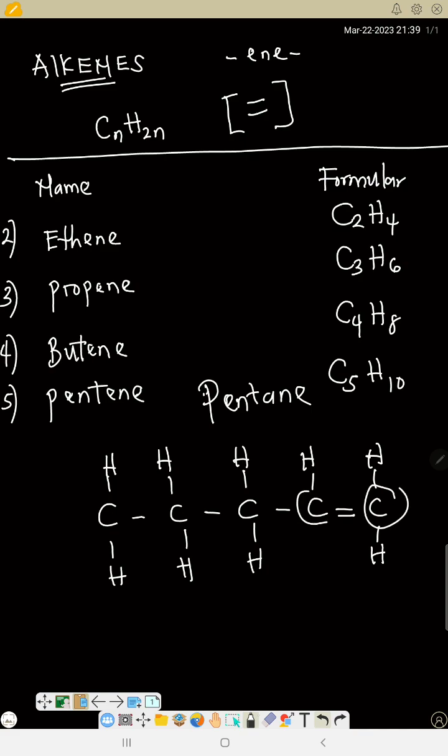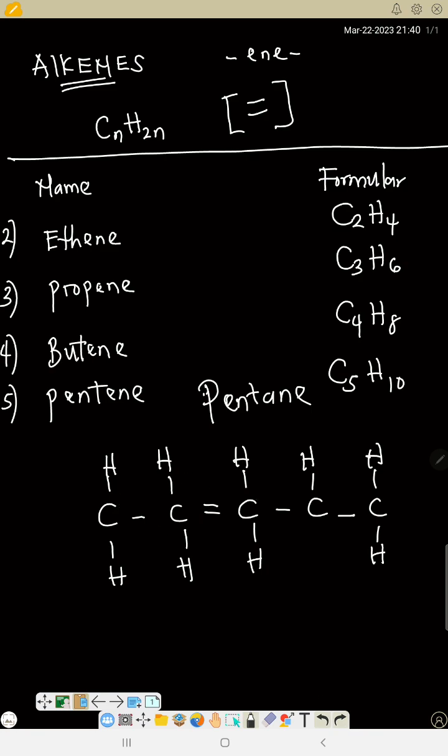So 5 carbons is pent. So if you move this double bond, if you move it here, it's not pentene again. You will number the closest number to the double bond. So this is after 2 carbons, pent-2-ene.